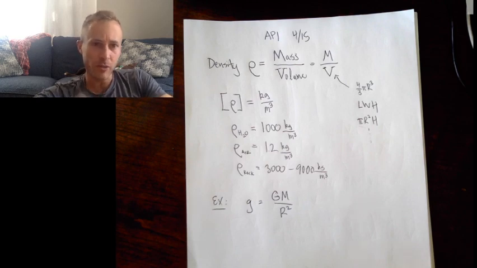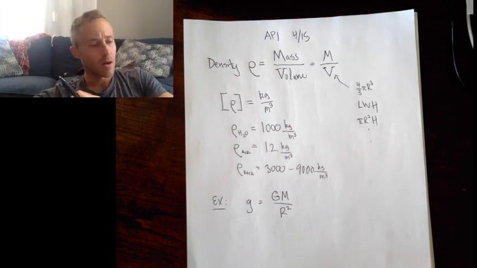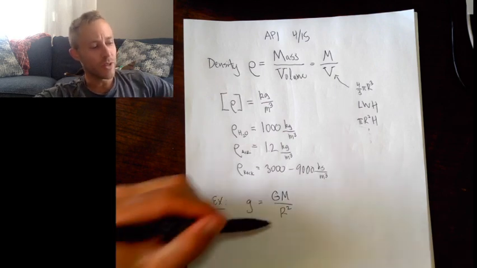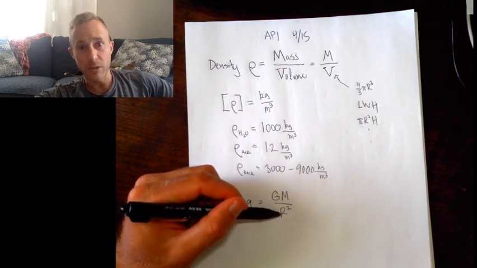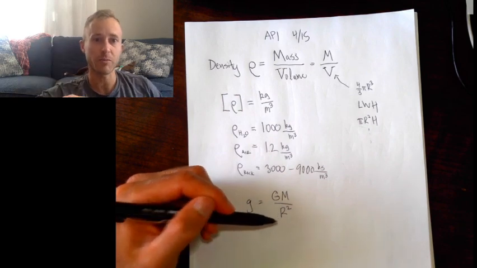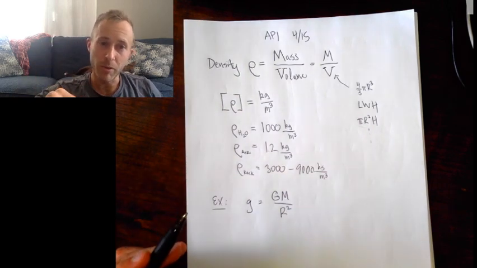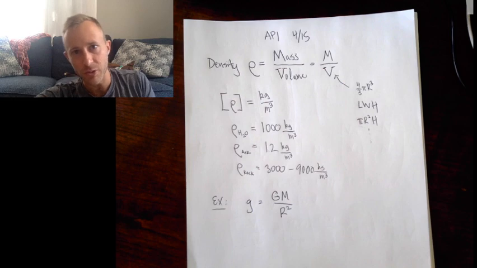And so we could ask the question, well, what happens if the planet were made bigger? You might say, well, that would increase the radius of the planet, so you might expect gravity to go down. But if you make a planet bigger, you're building it out of more material, so its mass also increases. Okay?